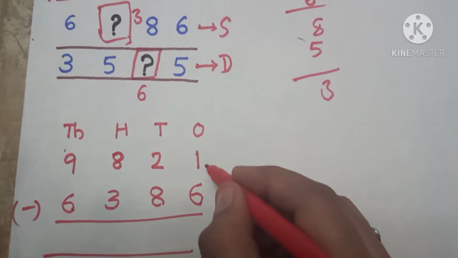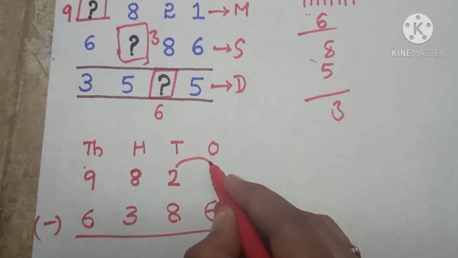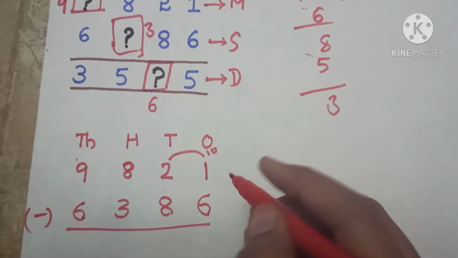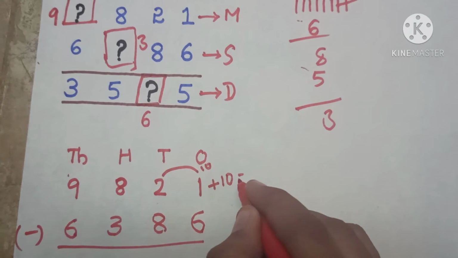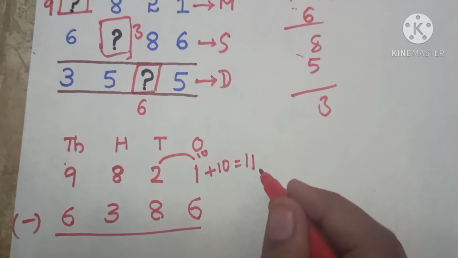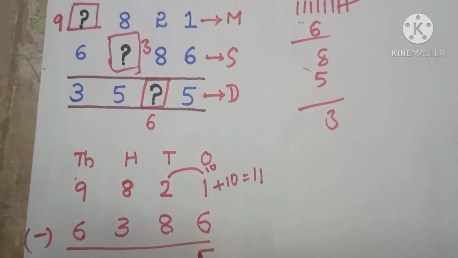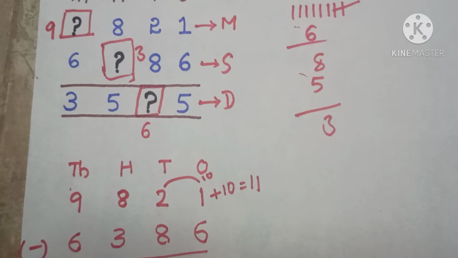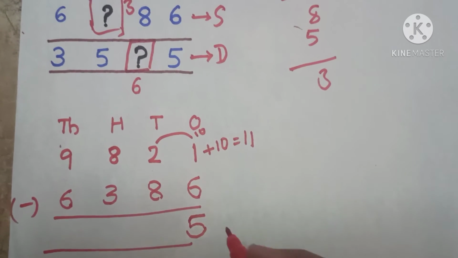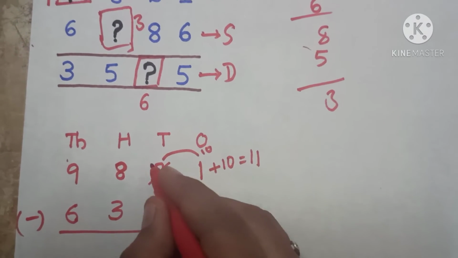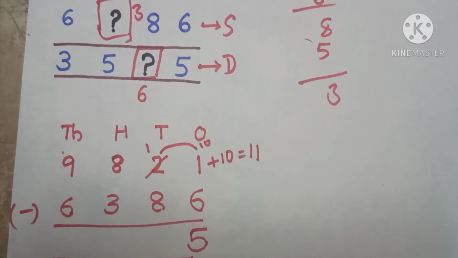As we cannot subtract 6 from the 1, we take the borrow, so that it becomes 10. 1 plus 10 is equal to 11. So 11 minus 6 gives you the value of 5. Here, as we have taken the borrow, it is left with 1.